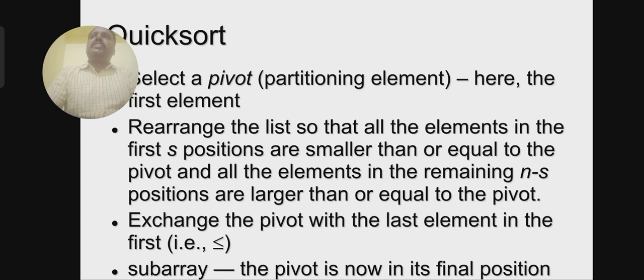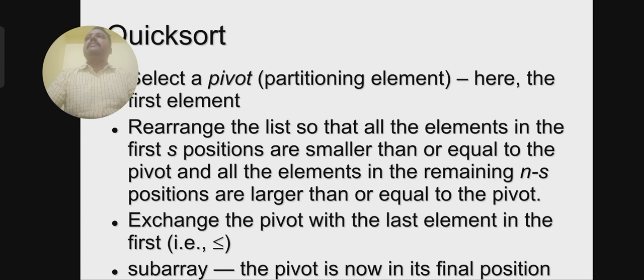Next, quick sort. First of all, we are going to select the partitioning element, that is called the pivot element. The pivot element is indicated by the first element.